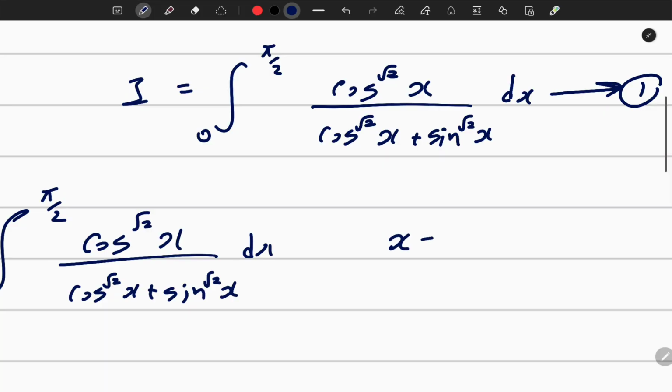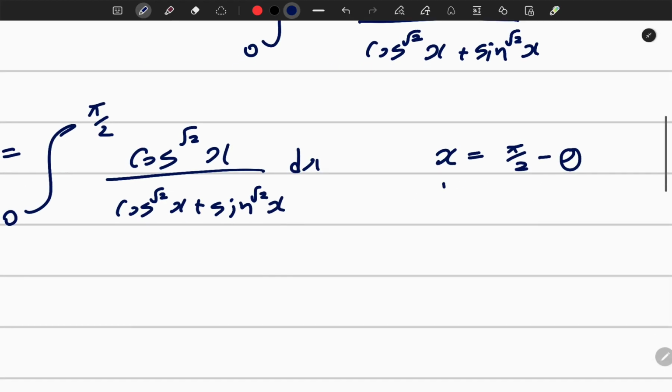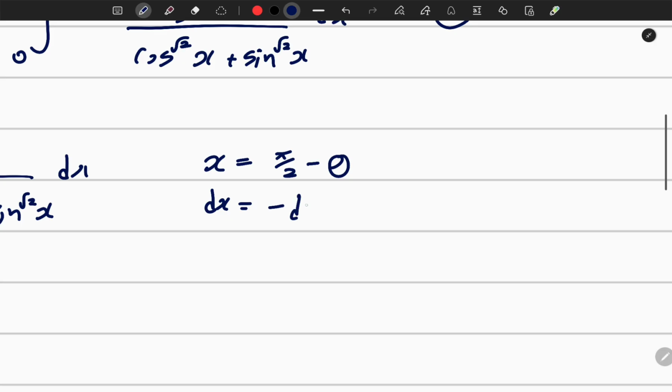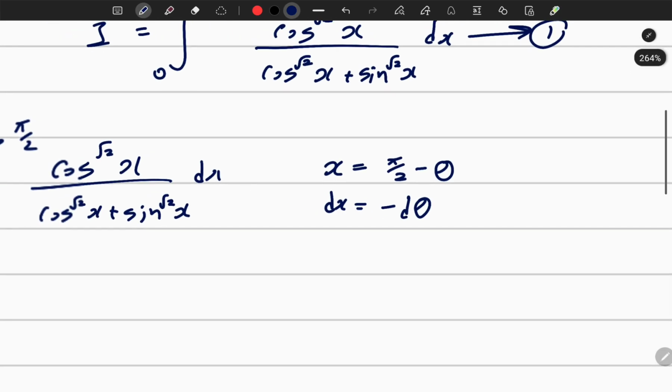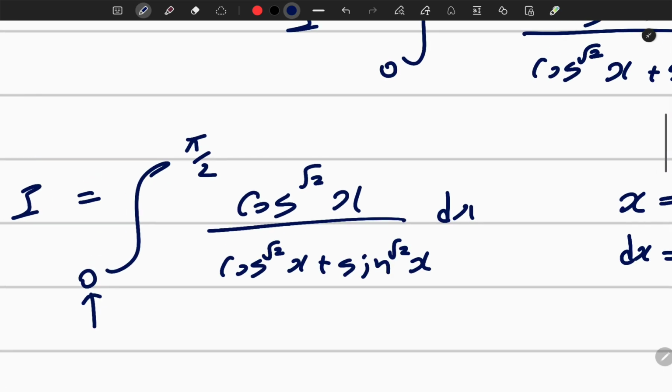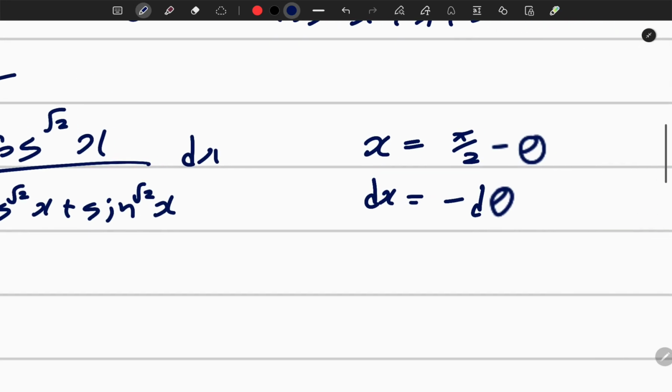Let's say x is equal to 90 minus theta, so dx is minus d theta. The limits are 0 to 90. When x is equal to 0, theta becomes 90 minus 0, this is 90.